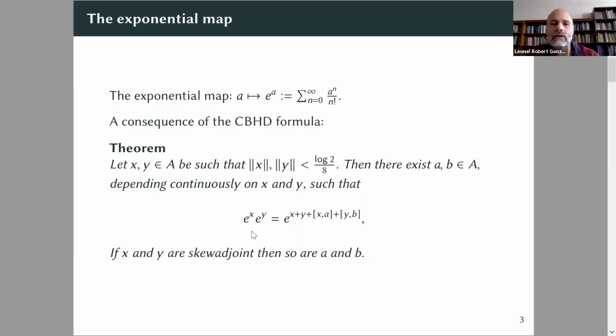The actual formula tells you exactly how the new exponent looks, but it's a relatively complicated formula. It's a sum of iterated commutators, but the first two terms in that long sum are the X and the Y that we used, and all of the other terms we can gather into a commutator with X and a commutator with Y. So this is a corollary of that formula.